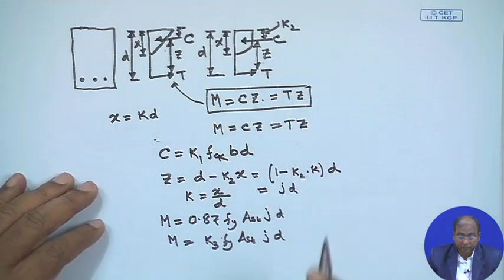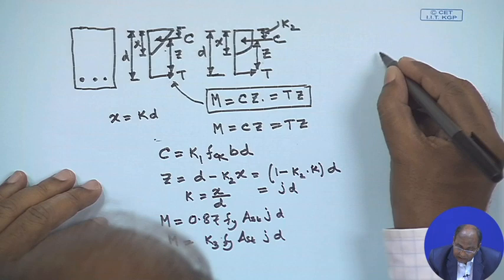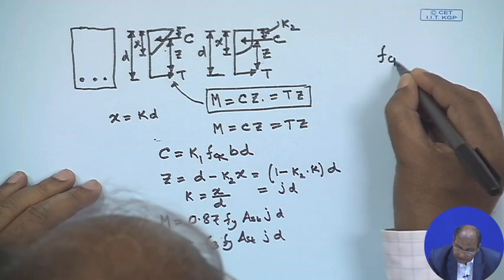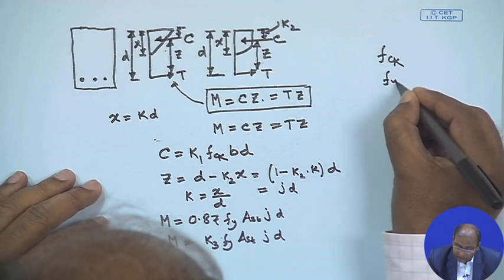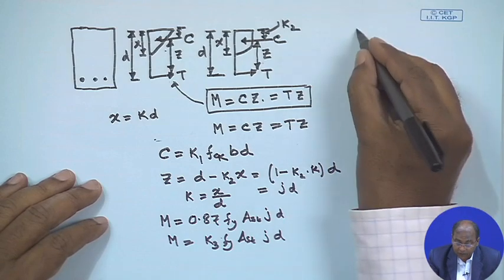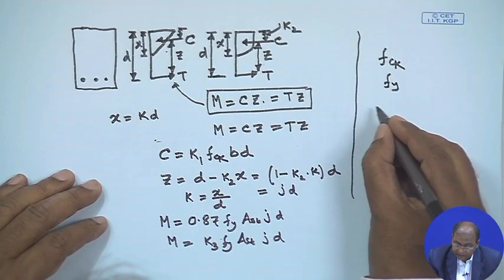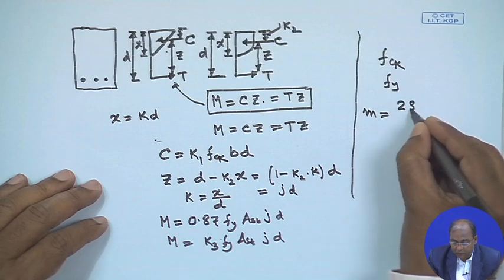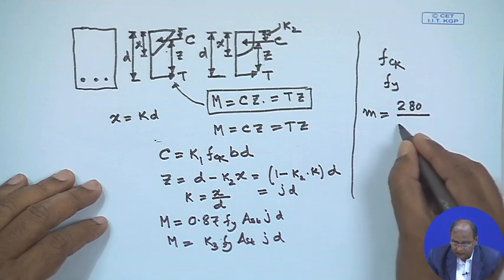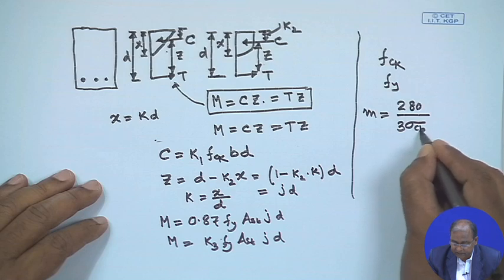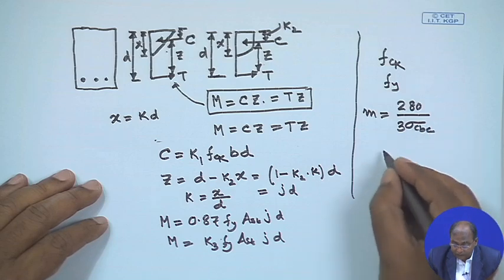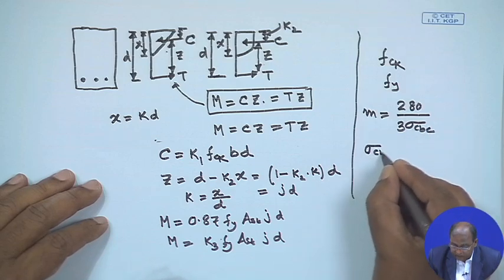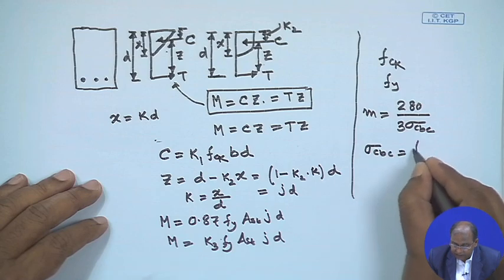The main thing here is fck and your Fy. As I have told you earlier, m equal to 280 by 3 sigma cbc, and as we all know, sigma cbc is nothing but fck by 3.